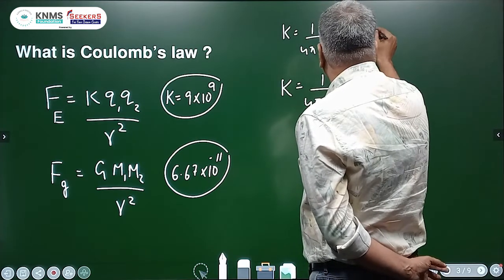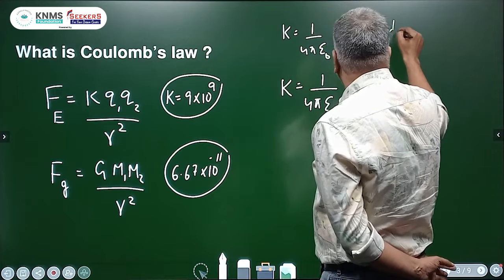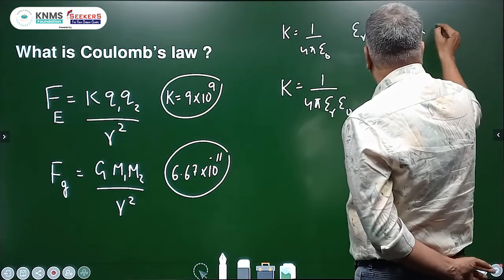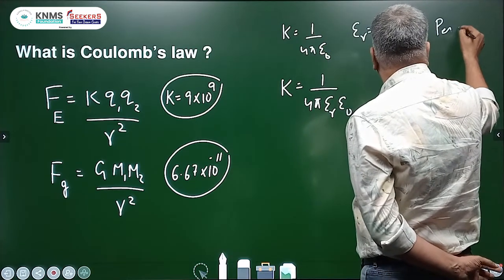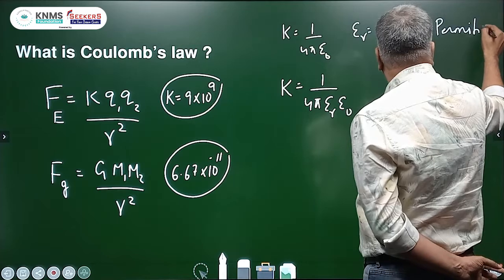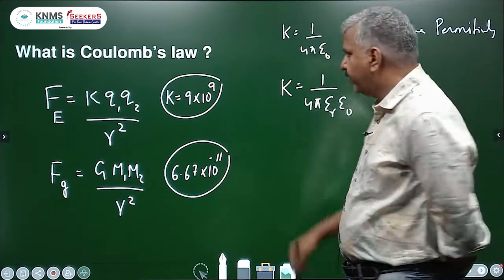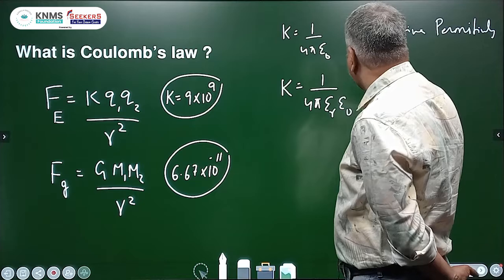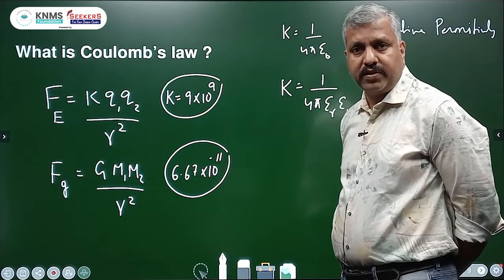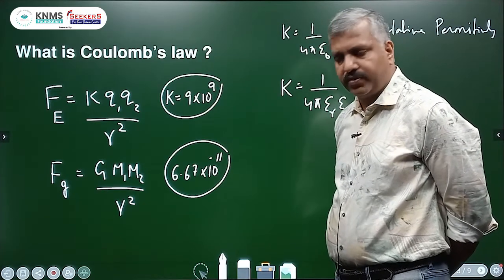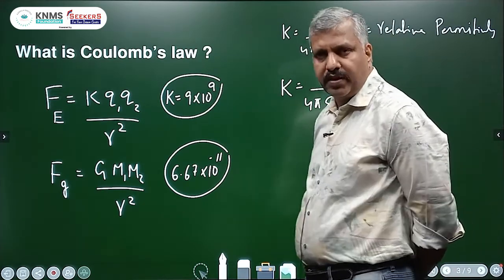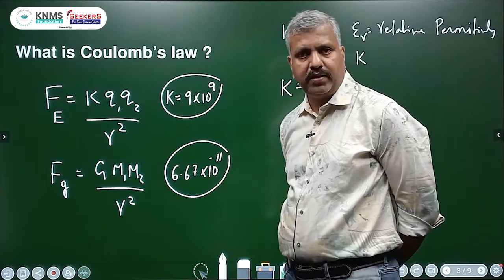Here epsilon R is called the relative permittivity. It is also represented as small k, the dielectric constant. Okay. So, to give you an example, the dielectric constant of water is 80.